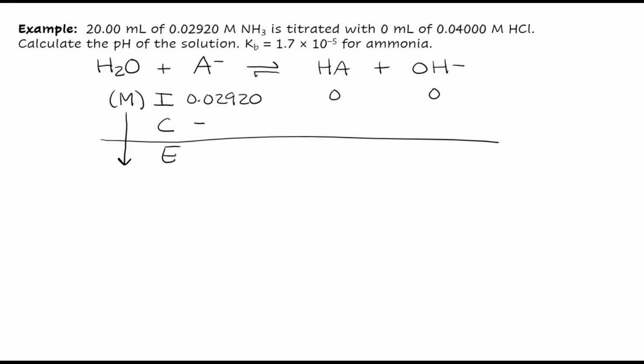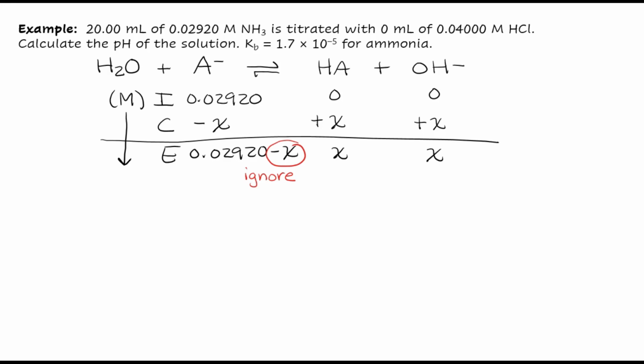The change is minus x for the A- and plus x for HA and OH-. The E row becomes 0.02920 minus x, x, and x. Initially, we are going to ignore this minus x, but then we'll go back and check.